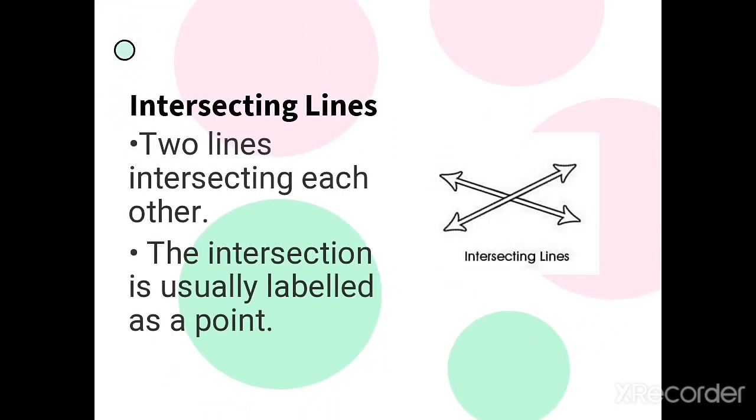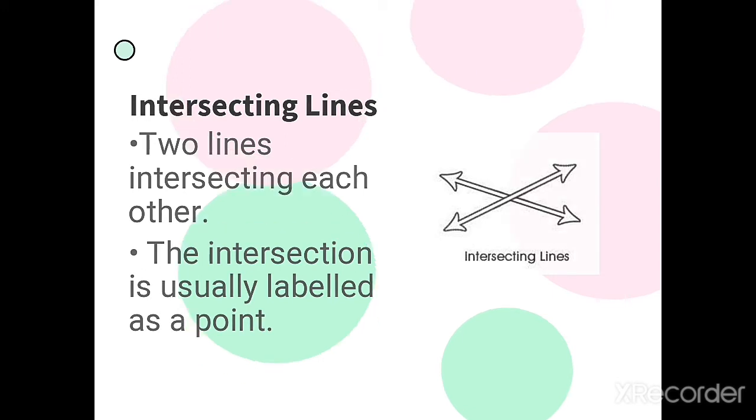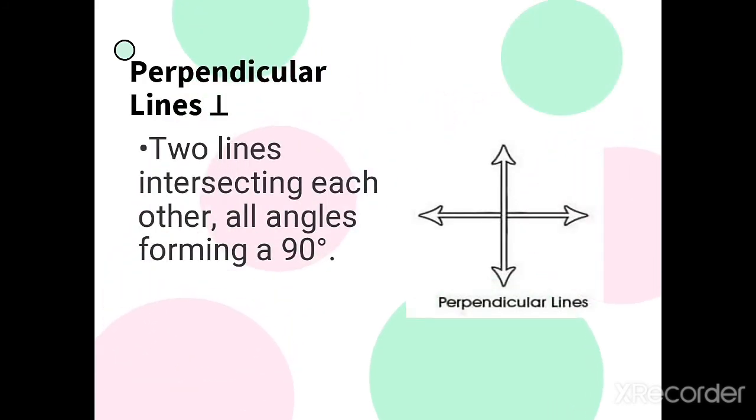Let us proceed to the intersecting lines, which are two lines intersecting each other. The intersection is usually labeled as a point. They are basically lines that cross paths. Next, perpendicular lines: two lines intersecting each other, with all angles forming 90 degrees. Same as the intersecting lines, except that this is specific to angles that form 90 degrees.